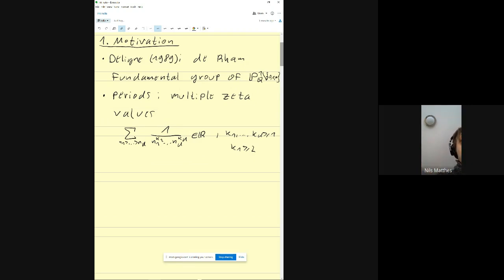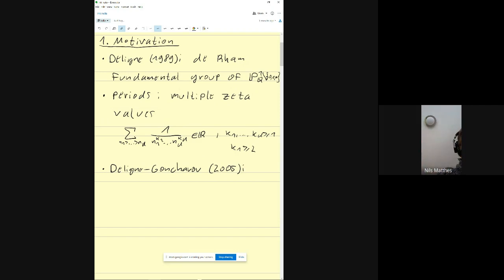And a very important part of this geometric study was in fact only achieved much later by Deligne and Goncharov in 2005. What they did is they made precise in which sense the de Rham fundamental group is a motive.